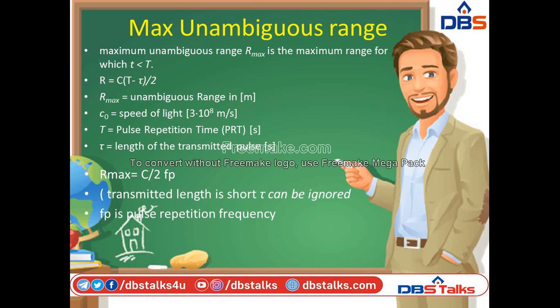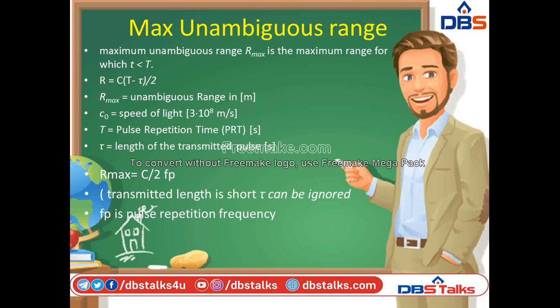The maximum unambiguous range Rmax is the maximum range for which small t is less than capital T. Small t is the time duration, capital T is the complete time duration. So R equals C times (T minus tau) divided by 2.